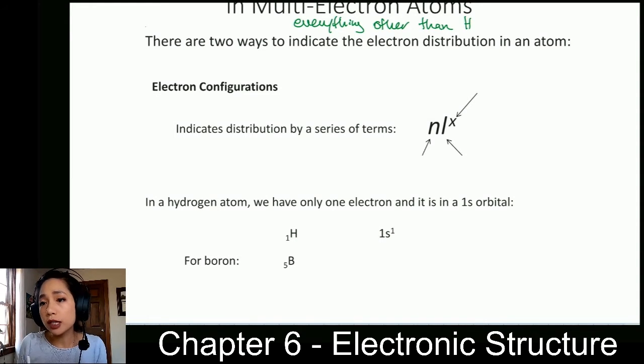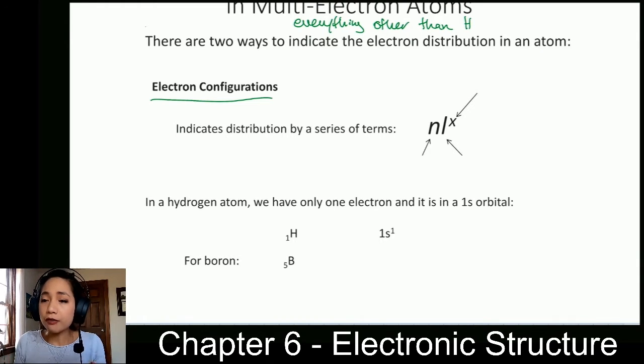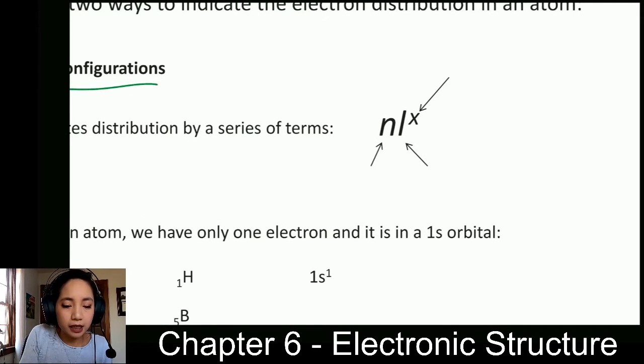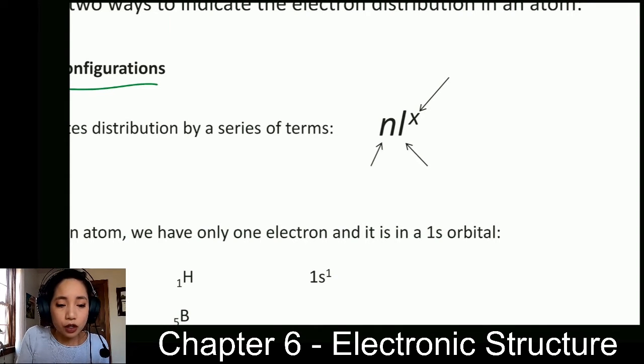The first one is using what we call the electron configuration. So we have to keep in mind our n values, our l values, letter designations, and how many electrons are in each of those subshells. So this basically is the template for writing out a subshell, the electrons within one subshell. Typically you write the n quantum number, your principal quantum number, out front.